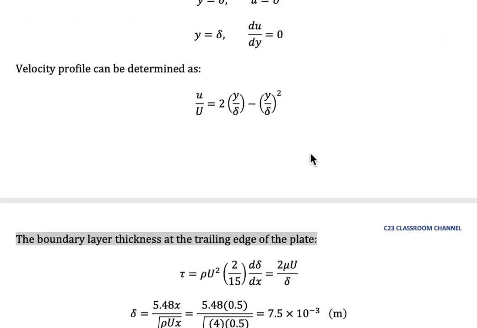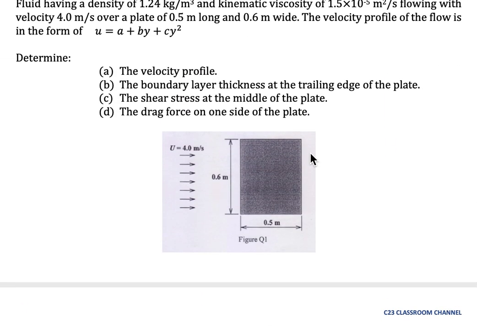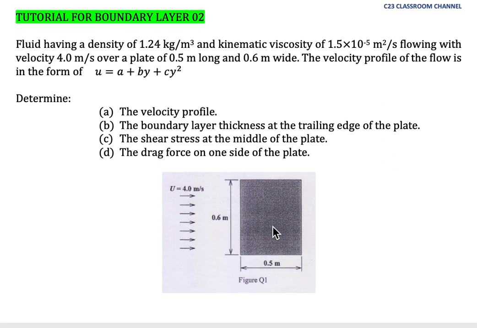I want to make sure here you need to understand which one is the width and which one is the length. If the free stream velocity flows from left to right like this, 0.5 meter will become its length, and you need to imagine that the boundary layer will occur from this edge and develop like this.